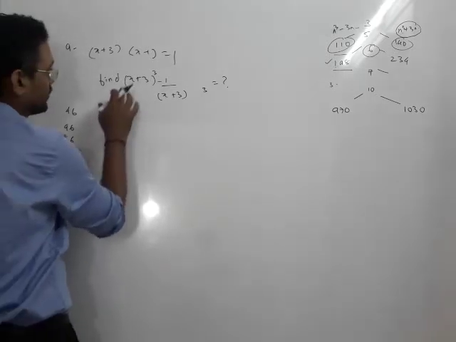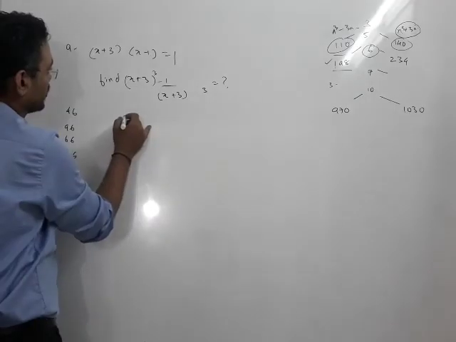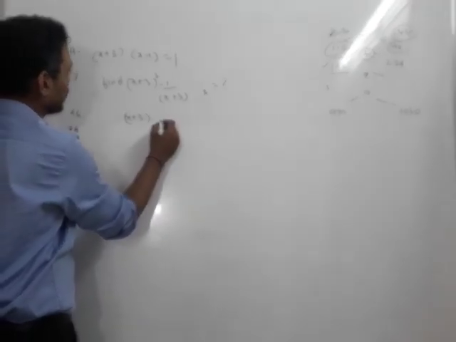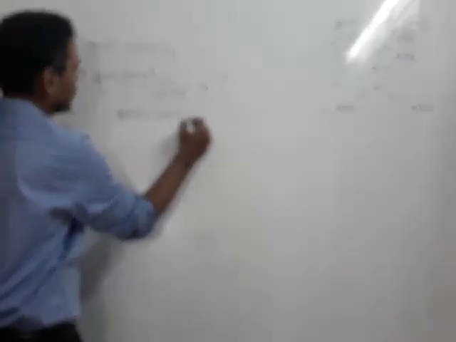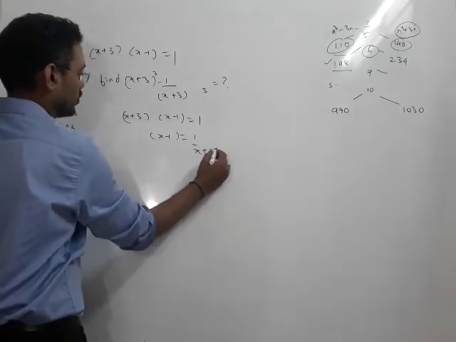Again, it's of the same type. We will find what is x plus 1 by x plus 3. So x plus 3 into x minus 1 is 1. So x minus 1 is 1 upon x plus 3.